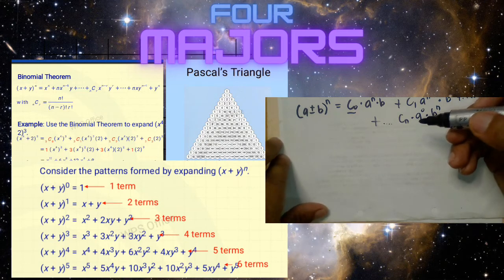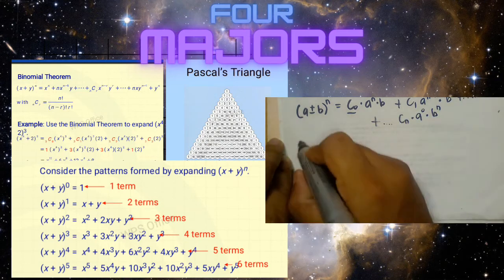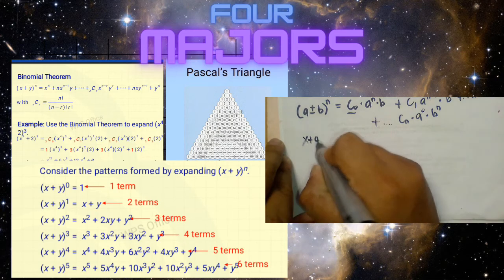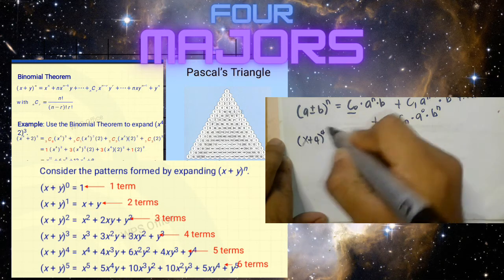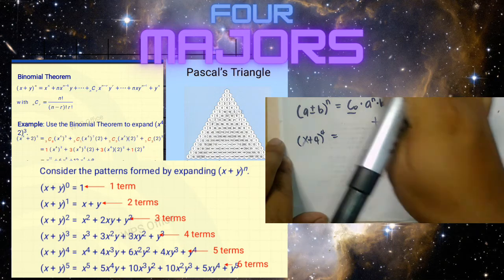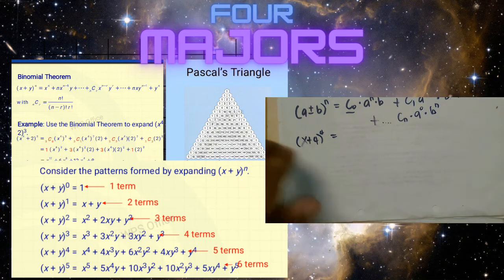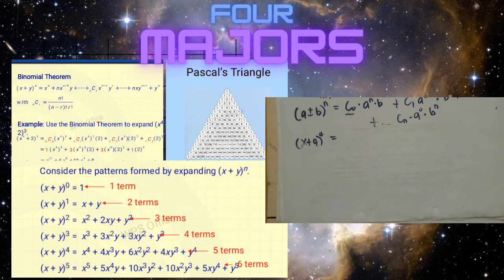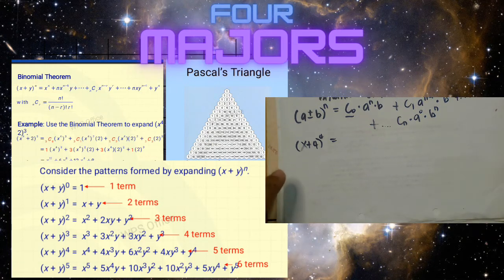let's try to solve x plus 4 raised to the power of 4 using this theorem, the binomial expansion theorem. Alright, because you will see that there are examples like x plus 4 raised to the power of 8. So what will be the answer?